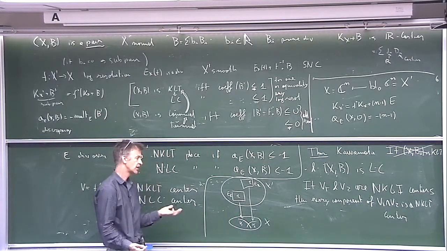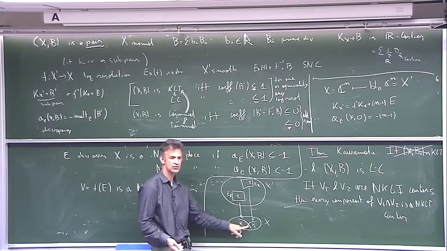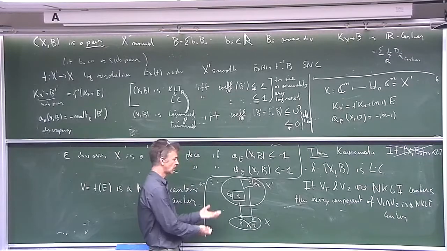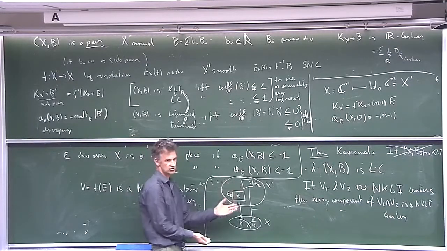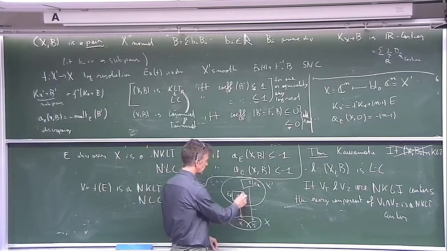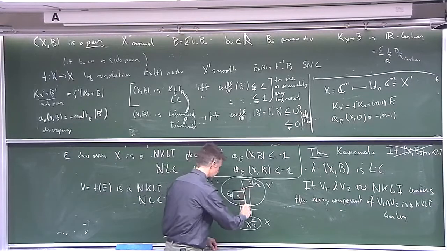And you're looking for a divisor of coefficient 1 that maps down to the intersection of these two centers. So there's something wrong with my picture, because in my picture, there's no such divisor. What's going on? We're looking for a divisor with coefficient 1, which is mapping down to the intersection.